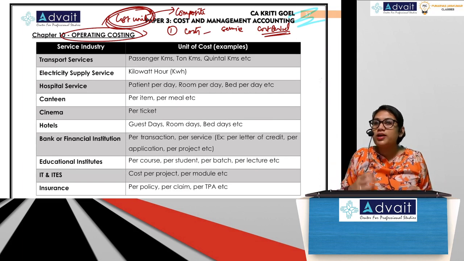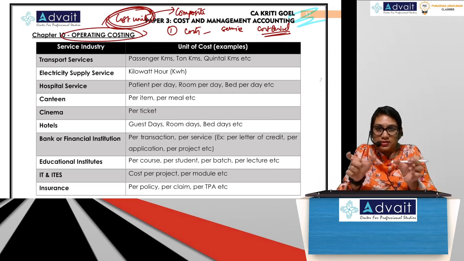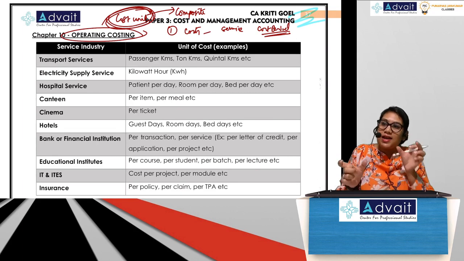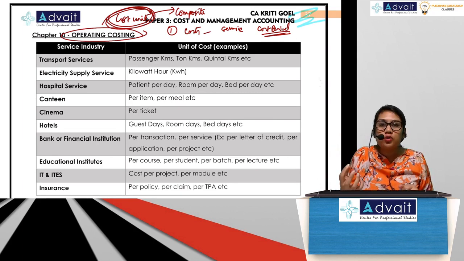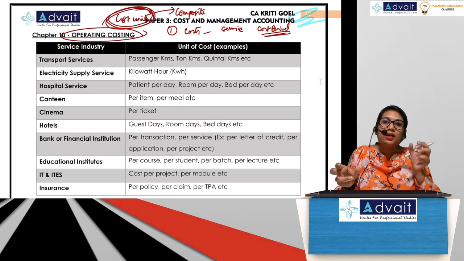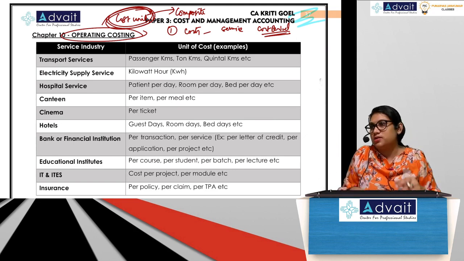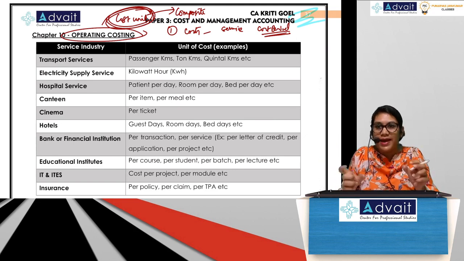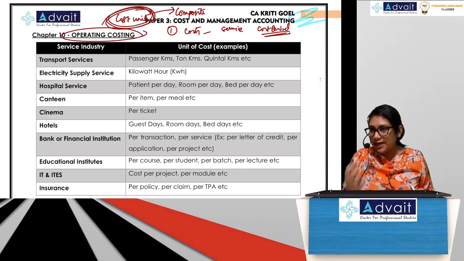So the cost unit here consists of two units, rooms and days. Rooms and nights, same thing. In hospitals, the cost unit would be patient days or patient nights or bed days or bed nights. It could also be room days. So in service costing, the first thing is you need to figure out what your cost unit is.